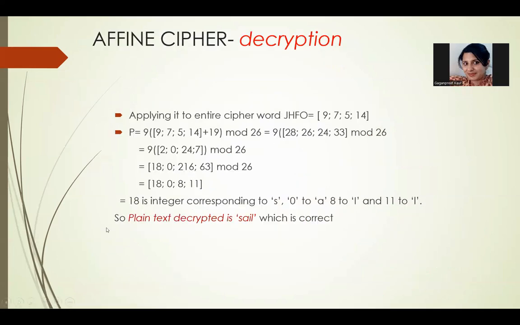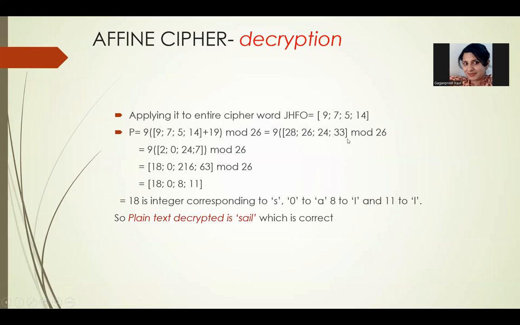Now let's apply this to all the characters. For JHFO I apply the integer equivalents: 9 is for J, 7 for H, 5 for F, 14 for O. I apply the same formula, 9 into the integer equivalent of the ciphertext from this vector, plus 19, and then apply mod 26.